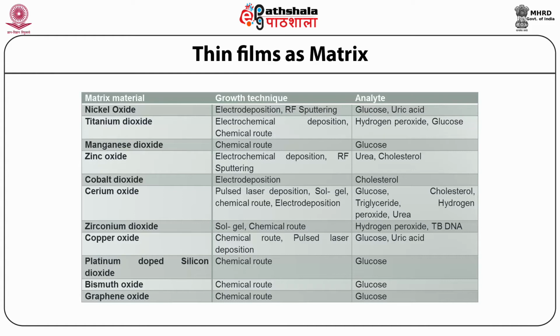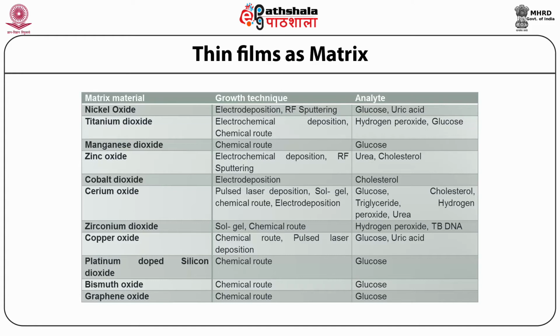So you can see a lot of examples, naming a few, such as nickel oxide. The growth technique is electrodeposition or RF sputtering, and the analyte used is glucose, uric acid. Then zinc oxide as the matrix material. Growth technique is electrochemical deposition or RF sputtering, and the analyte is urea and cholesterol.